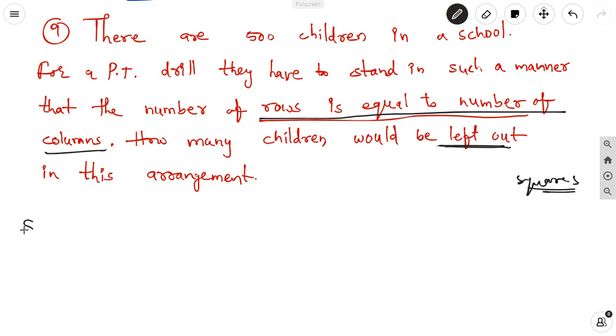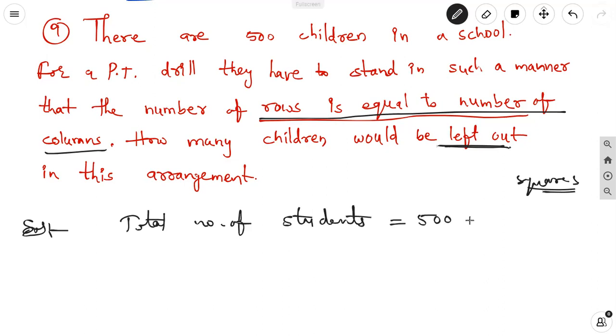Okay. Here, first we take the total number of students equal to 500. We arrange them into equal rows and columns.